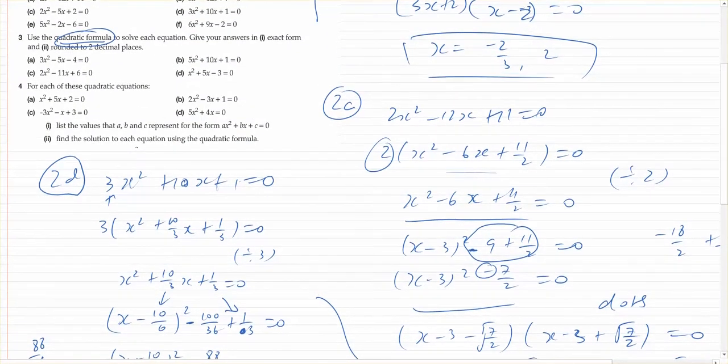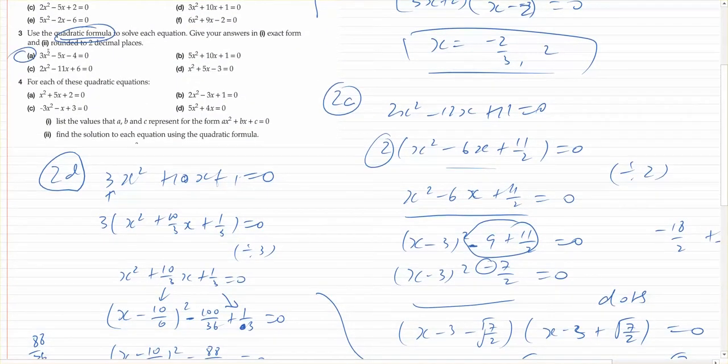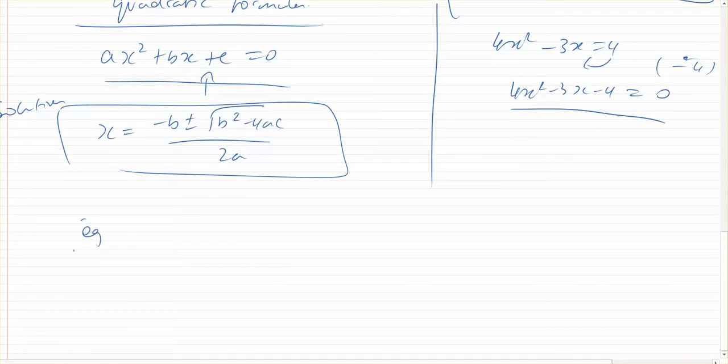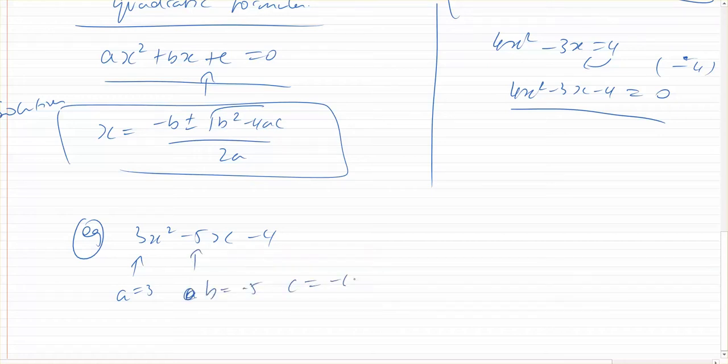3x squared minus 5x minus 4. All you need to do is identify the coefficient of the x squared term, which is my a. So a equals 3, b equals -5, c equals -4.